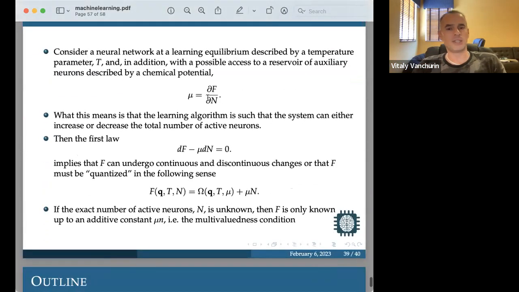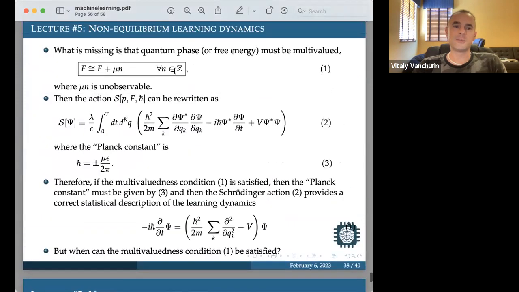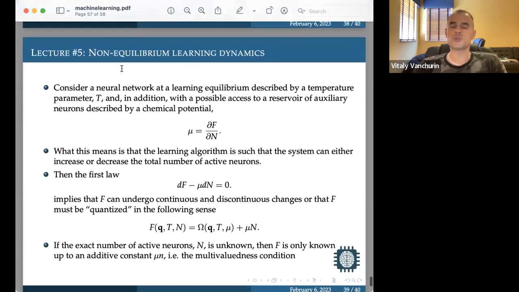Now this is not true in general, and in general you actually have mu that also depends on n, so it's not as simple as this. But if you manage to build a system where mu doesn't depend on n, or at least for some ranges of n, then this system has a chance of being correctly described by the Schrodinger equation, and it has a chance of being approximately quantum. All right, so let's keep going.